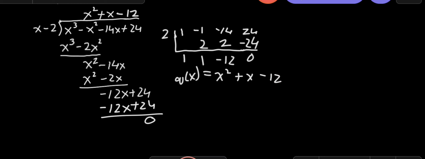Otherwise, if it cannot be factored over integers, we look at the discriminant of this quotient polynomial, since it's quadratic. If it's greater than 0 or less than 0, well, it could be equal to 0 as well.